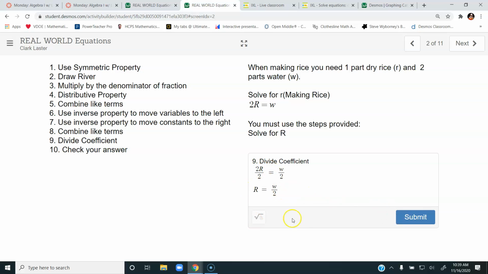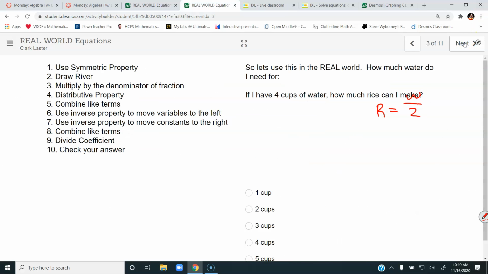So using the equation r equals w divided by 2, I'm going to do the next problem. Okay, so r equals w divided by 2. I carried that to the other side.